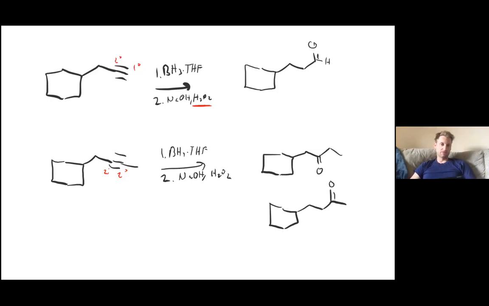So you need to have a terminal alkyne for these reactions to be actually selective. If not, they just add ketones to both positions.